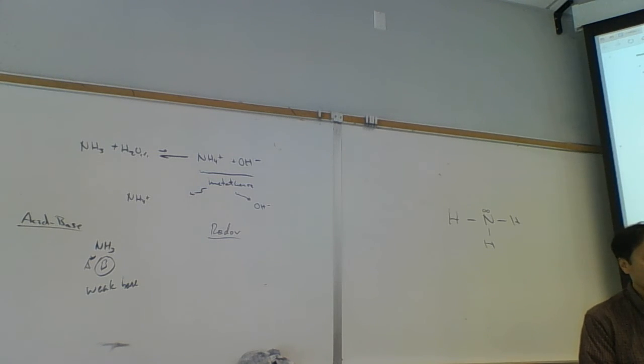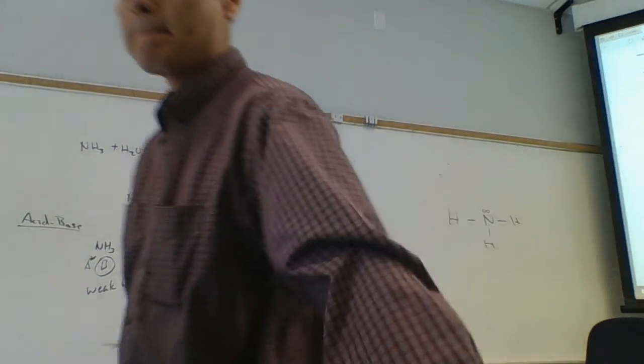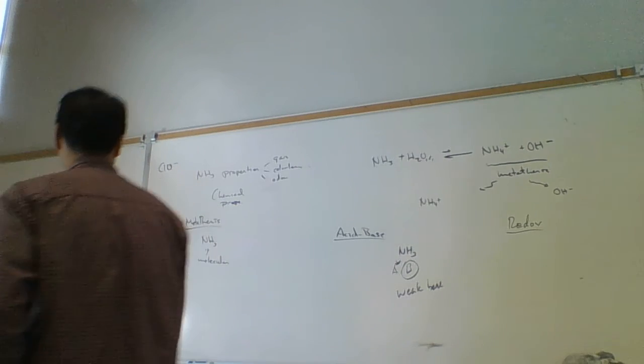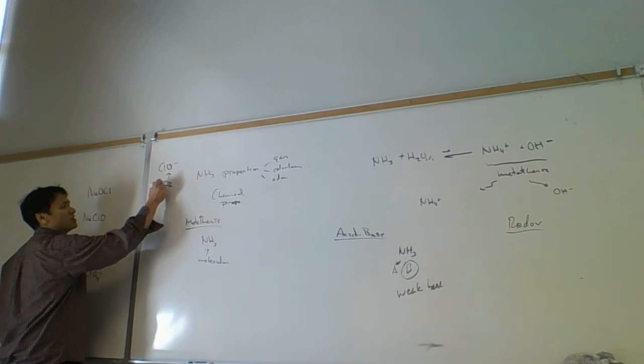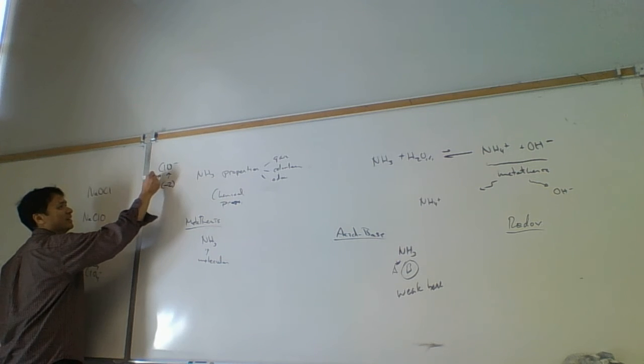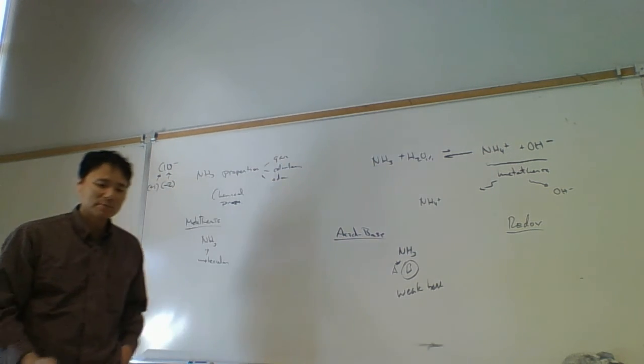And so what are the charges on the individual atoms? What's the charge on oxygen? The charge on oxygen is -2. That means the charge on chlorine is +1. Oxygen's happy as is.